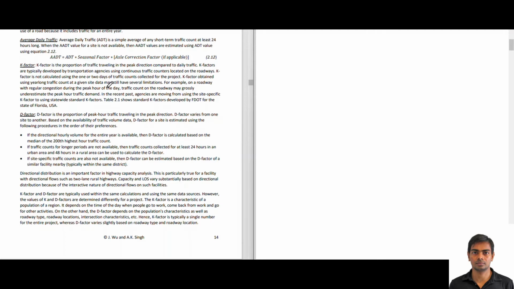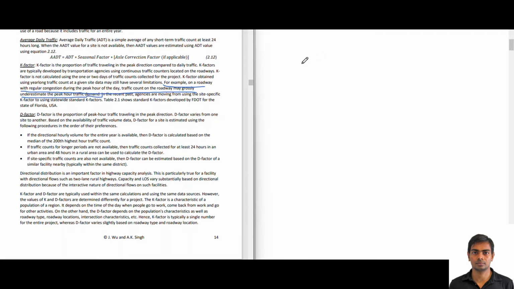Now, it's also not right to calculate it using 365 days of count data because of some research which has come out. Based on Florida Department of Transportation guidelines, on a roadway with irregular congestion during the peak hour of the day, traffic counts on the roadway may grossly underestimate the peak hour traffic demand.